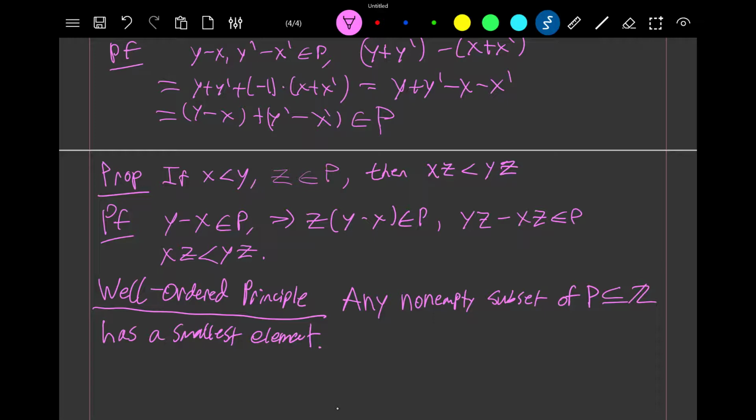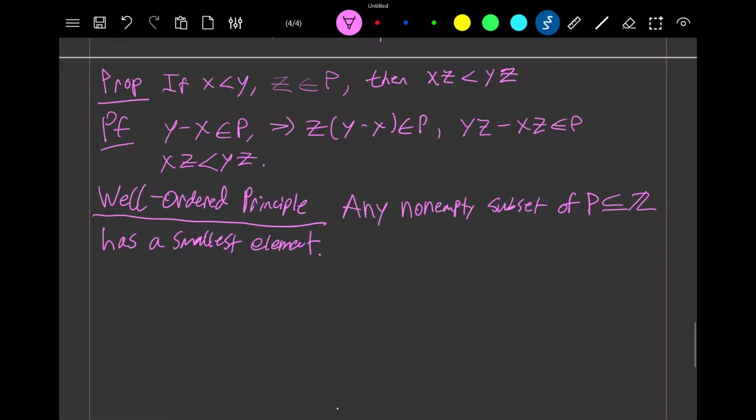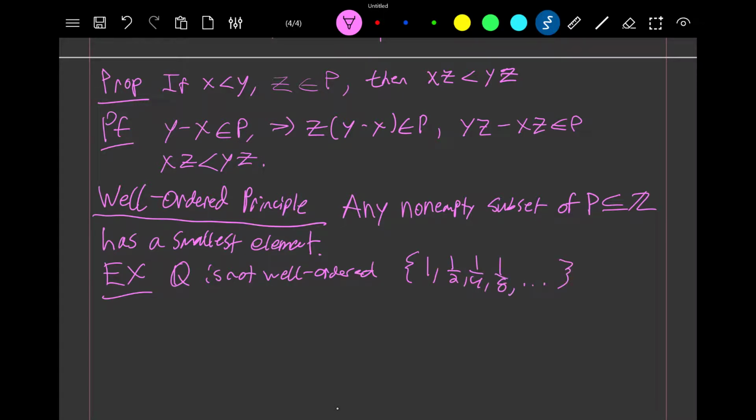So for example, or maybe this is a non-example, Q is not well ordered. Since if you consider the set 1, 1/2, 1/4, 1/8, and so on, so 1 over the powers of 2, these get closer and closer.